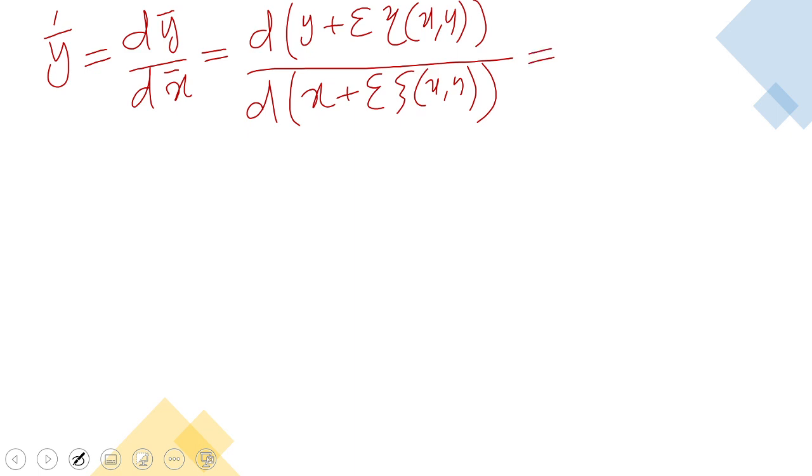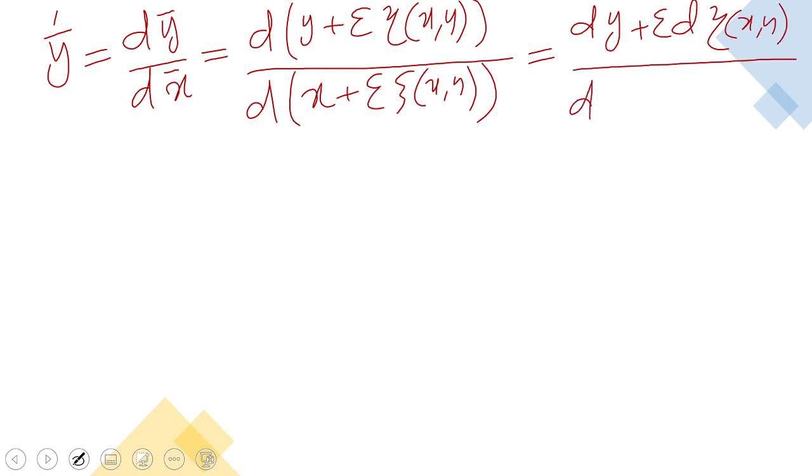So when we apply the operator, I will get dy plus epsilon d eta, a function of x y, similarly dx plus epsilon d xi of x y.